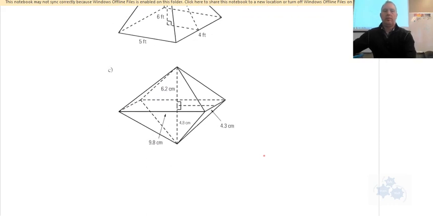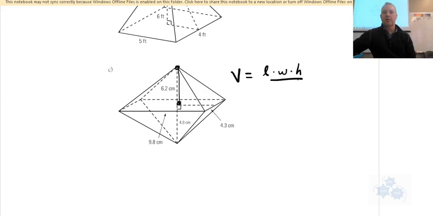So, how would we start this one? Well, the volume of this shape is going to be the length of the base times the width of the base times the height of one of the pyramids divided by 3, and we're going to do that times 2, twice. See that?